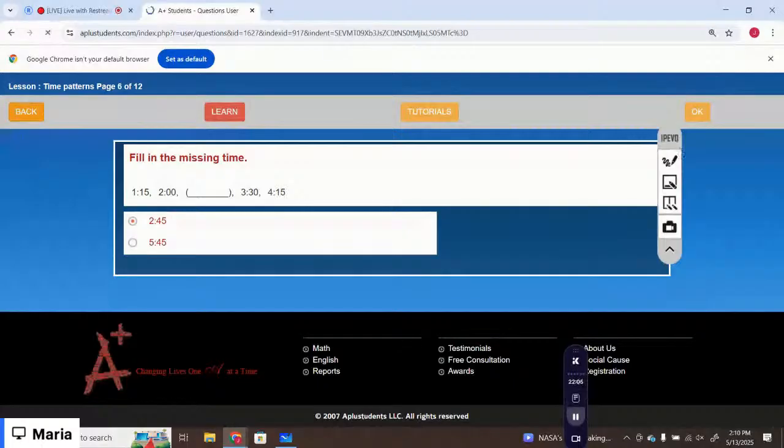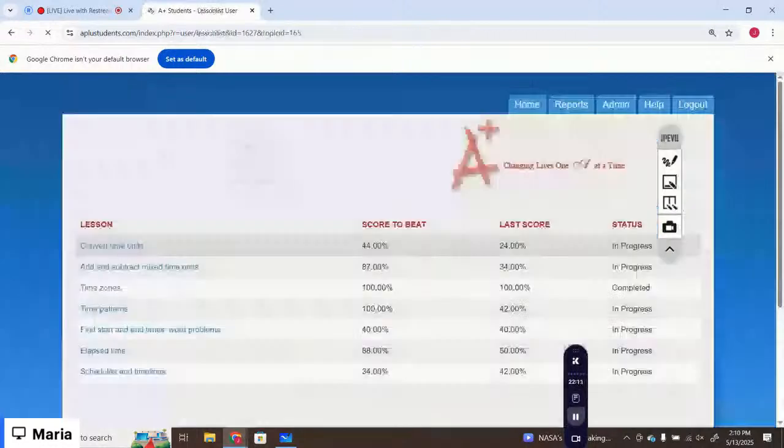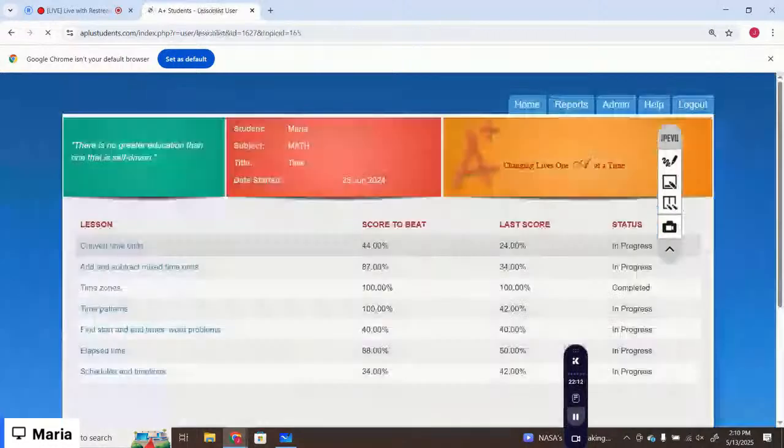The next lesson is find start and end time word problems.